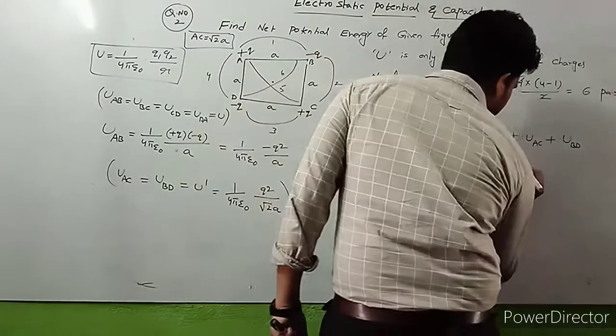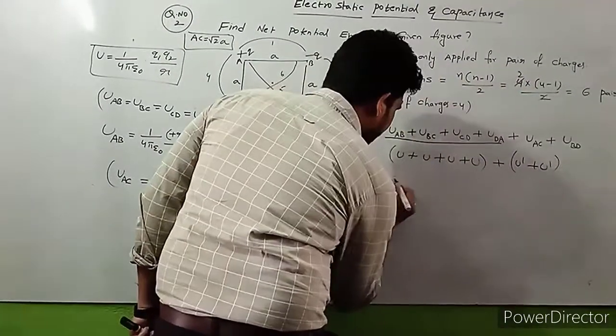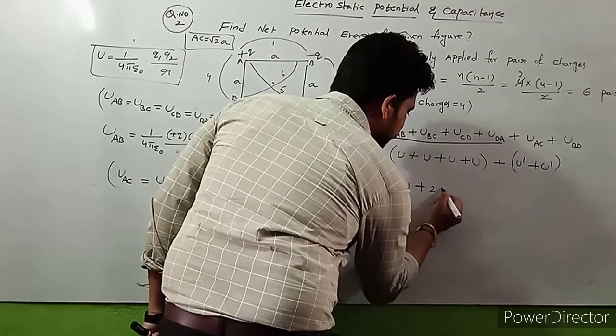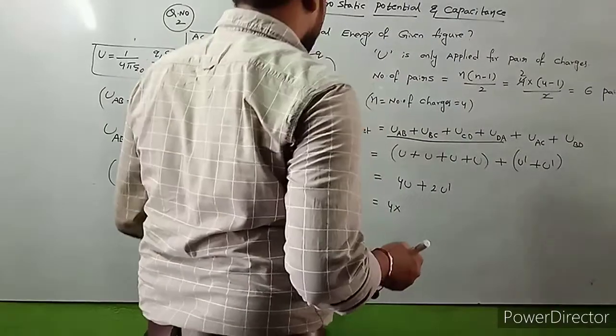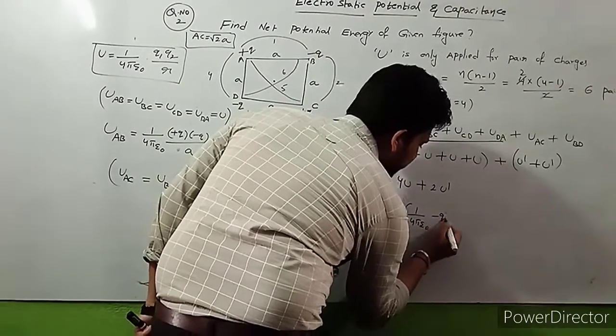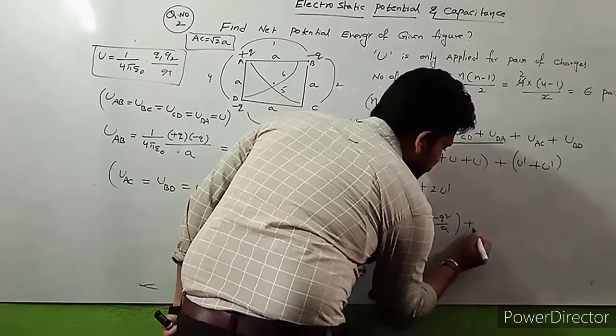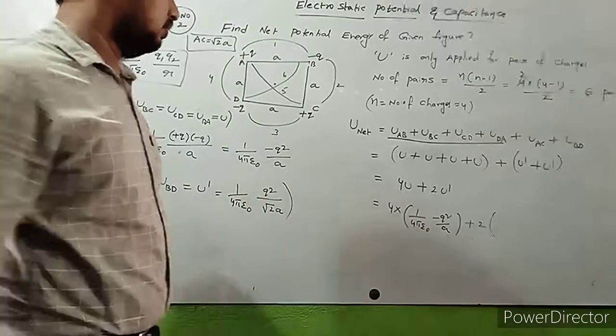We can consider U dash plus U dash, both the same. That means this can be written as 4 into U plus 2 into U dash. 4 into the U value is 4 into 1 by 4 pi epsilon naught into minus q square by a, plus 2 into the U dash value, 1 by 4 pi epsilon naught into q square by root 2a.